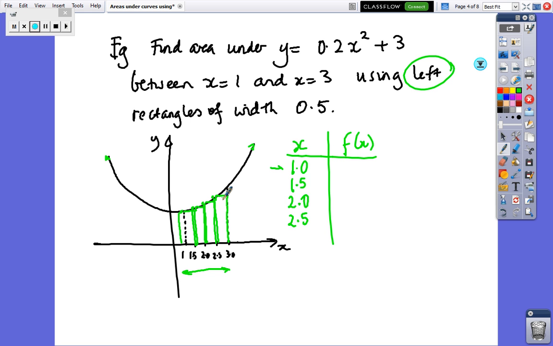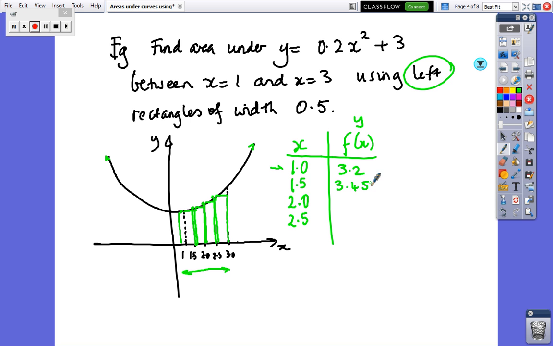So what I want you to do is, doesn't matter if it's y or f(x), but I want you to calculate the y values for 0.2x squared plus 3 when x is 1, 1.5, 2, 2.5. And when you're ready, fill in the table and see how you're going. Okay, when I did it, I got these values.